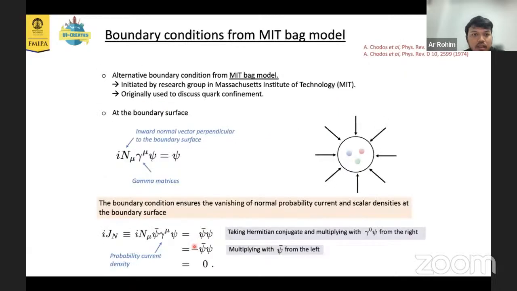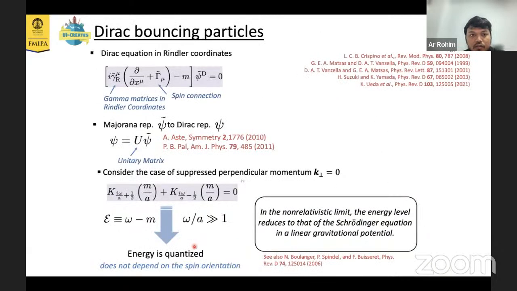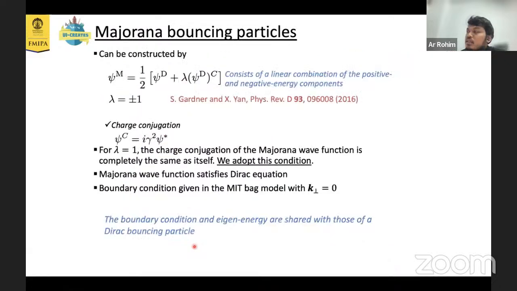And of course, you can also discuss the system for Majorana bouncing particles. You can find the Majorana wave functions by using a linear combination of positive and negative energy Dirac wave functions.